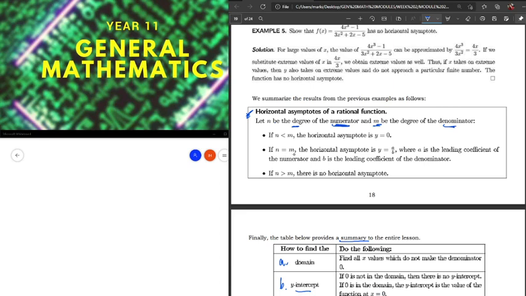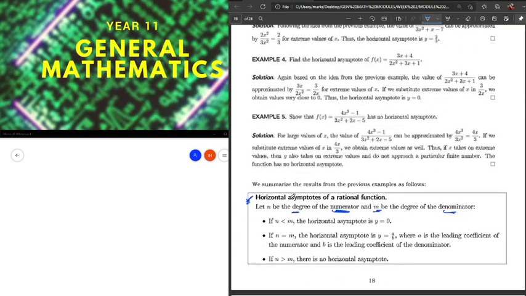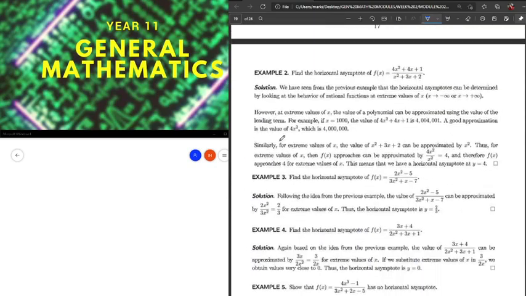If n equals m, the horizontal asymptote is y equals a over b, where a is the leading coefficient of the numerator and b is the leading coefficient of the denominator. If n is greater than m, there is no horizontal asymptote. So let's have an example, page 18 again, example number 2.